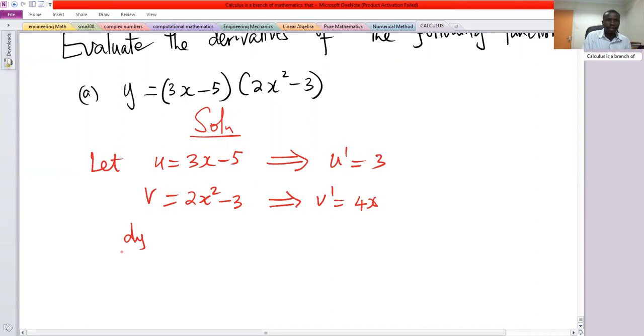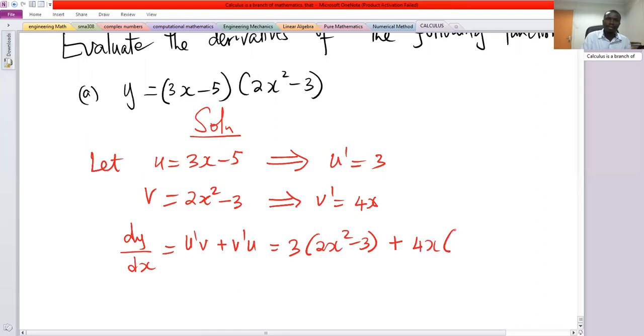So dy/dx will be given by u prime v plus v prime u, which will be 3 into 2x squared minus 3 plus v prime is 4x, u is 3x minus 5.